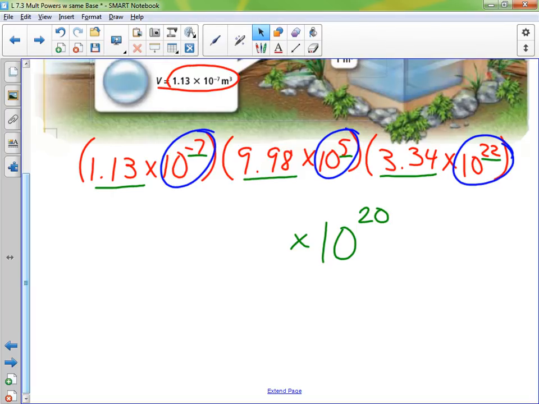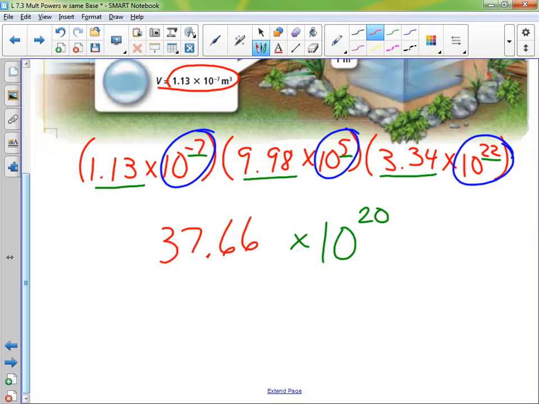So to do that the easiest way, you grab a calculator and you multiply 1.13 times 9.98 times 3.34, and I'm doing it on the calculator right now, and I get 37.6665. Is that number in scientific notation?